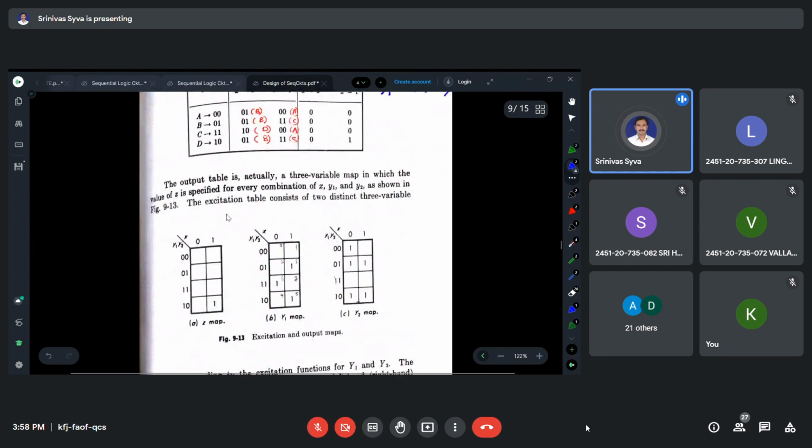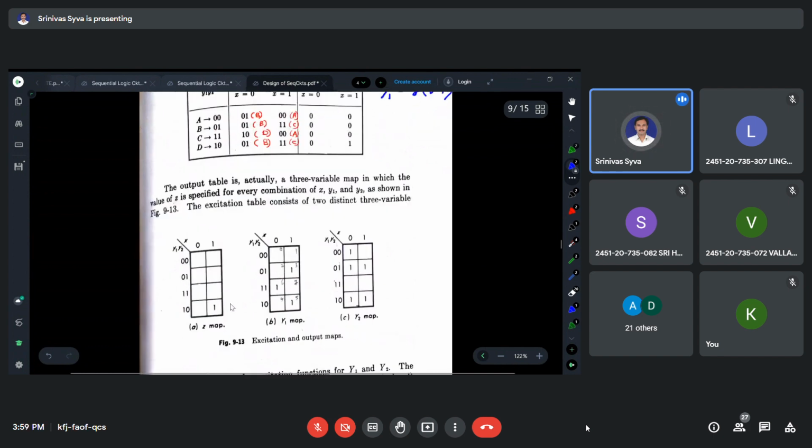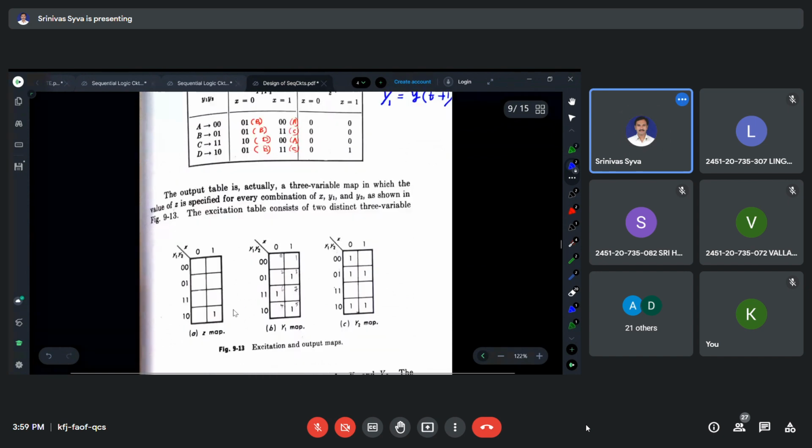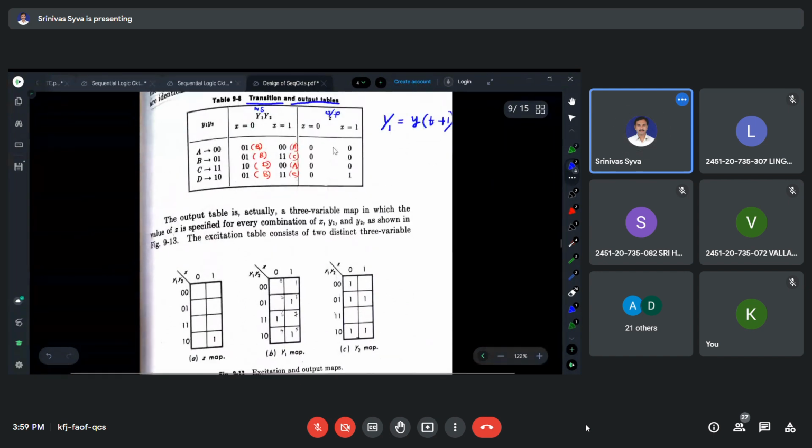So from this transition and output table, now we will draw the Karnaugh map, or K-map, for Z. Now Z depends on X, Y1 and Y2. Z is a function of X, Y1 and Y2.